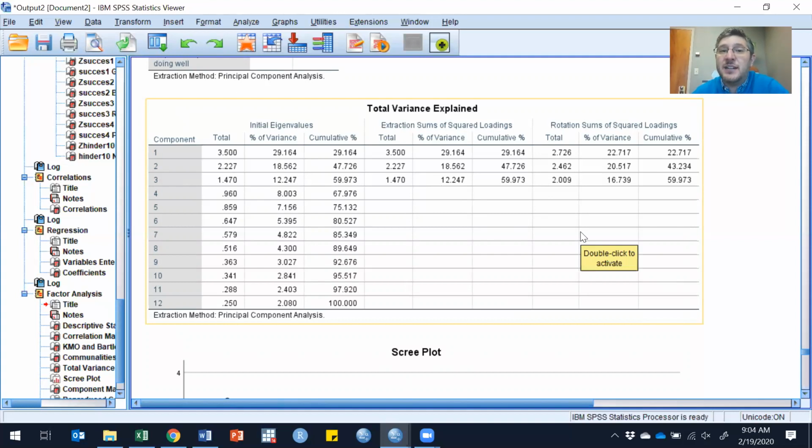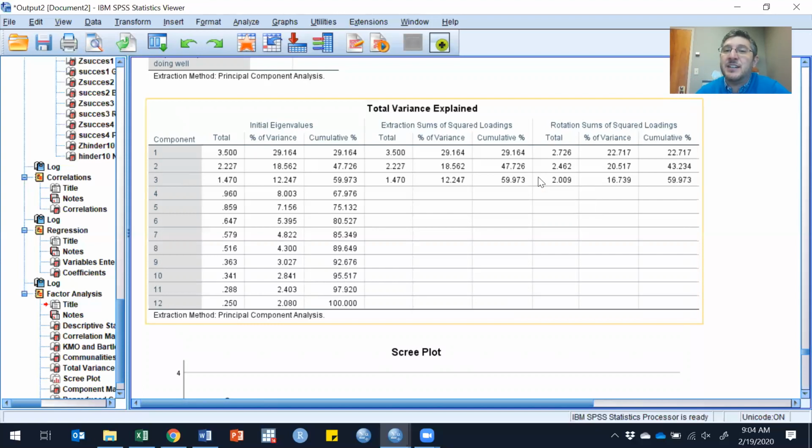We typically also want to look at the proportion of variance explained here, because it also gives a good indication of how well the extracted model is performing, for lack of a better term. Typically, you'll see recommendations throughout the literature saying you should try to extract between 50 and 70% at the minimum.